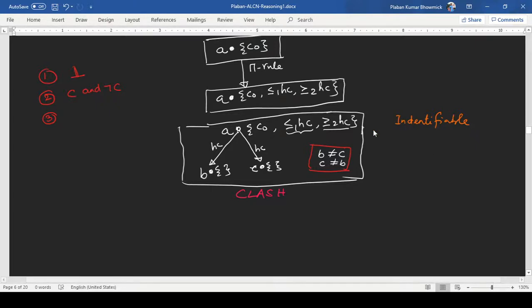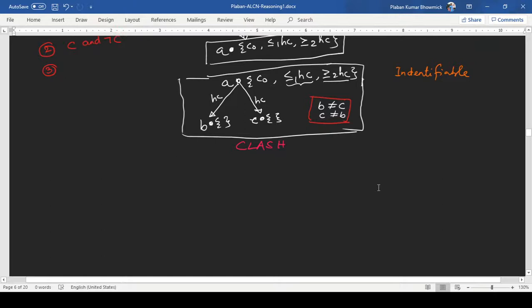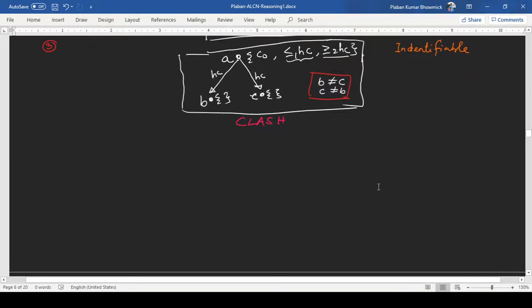So let us define what we mean by identifiable. Let us define identifiable nodes. We need to consider two nodes, x and y.